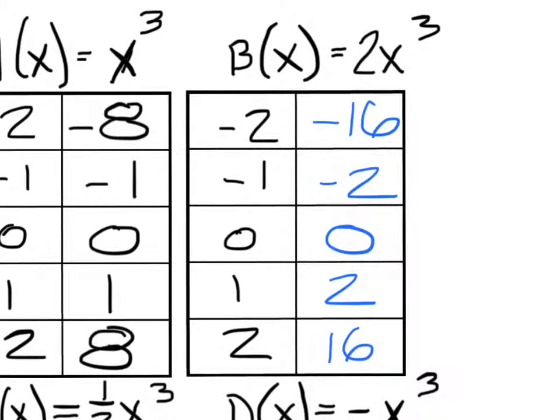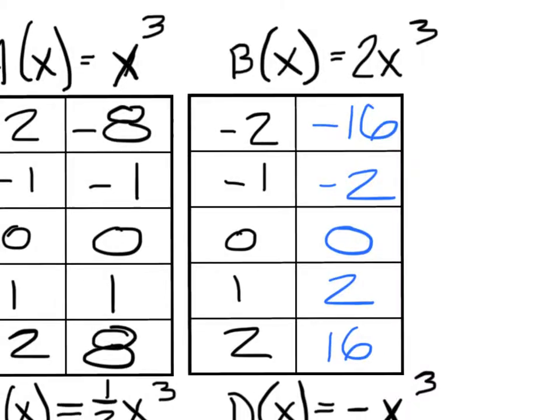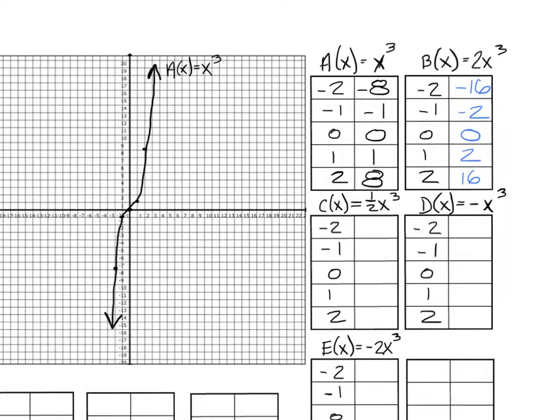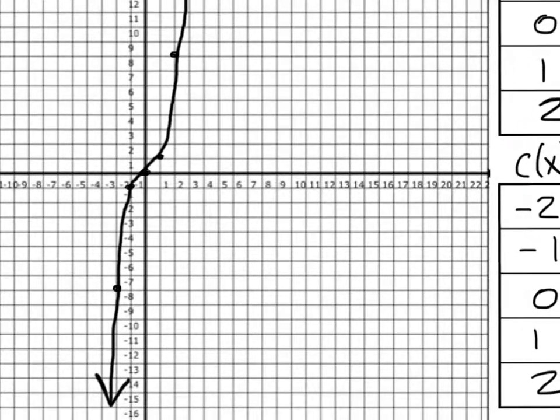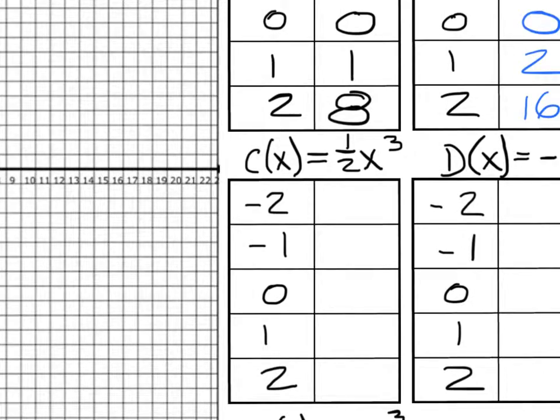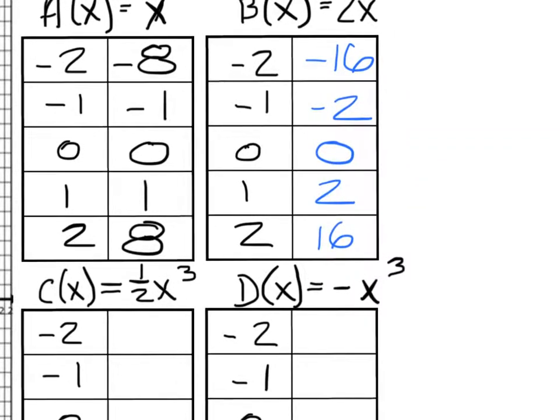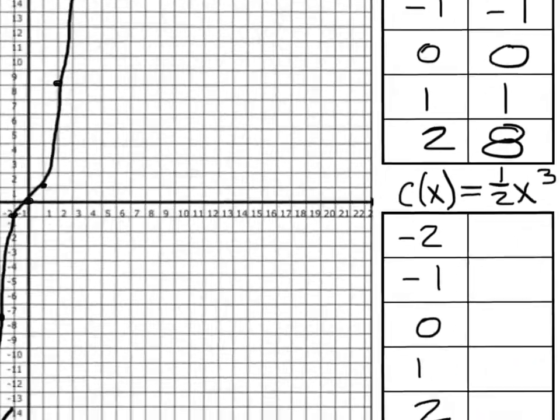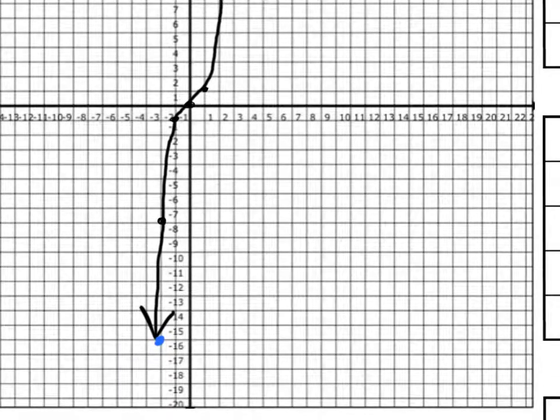Okay, we have to plot these on the graph. The first one is negative 2, negative 16. So we find negative 2, go down to 16, make a dot. The next one is negative 1, negative 2. So go back negative 1 and down negative 2.